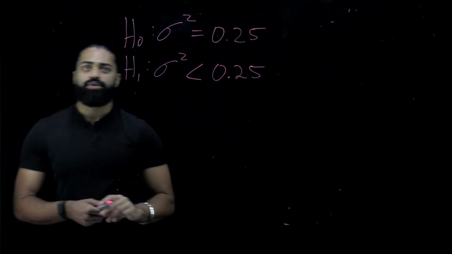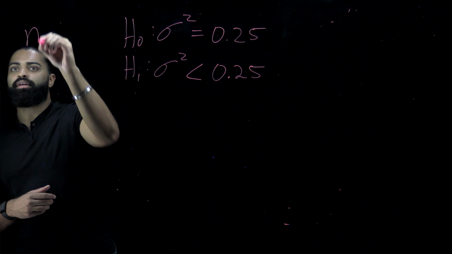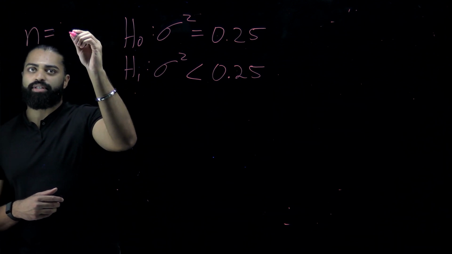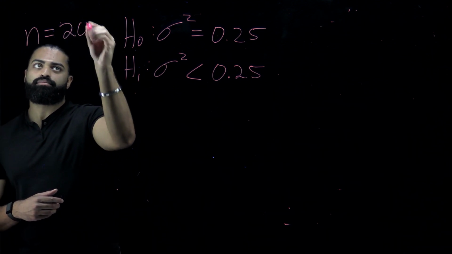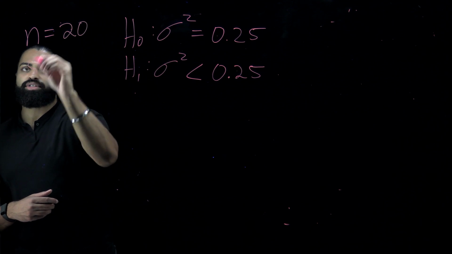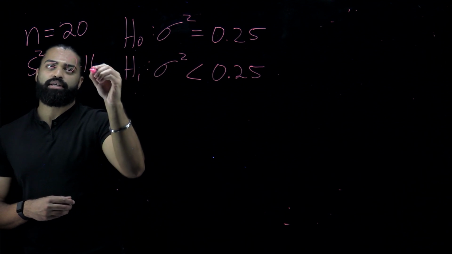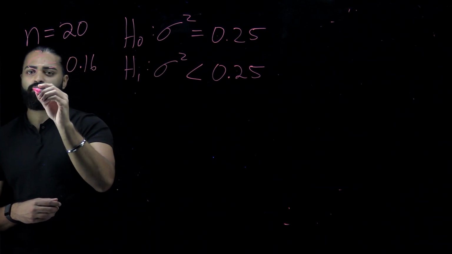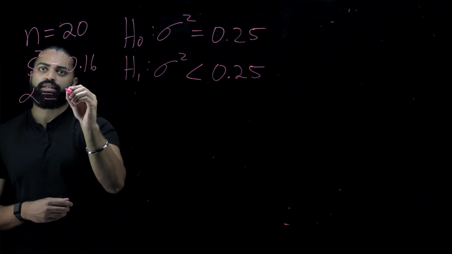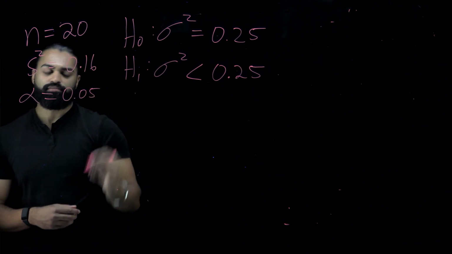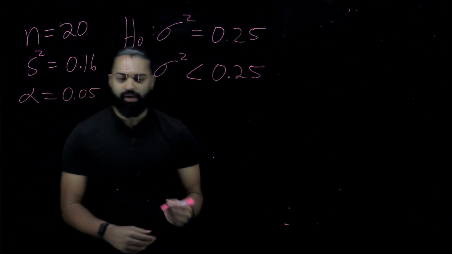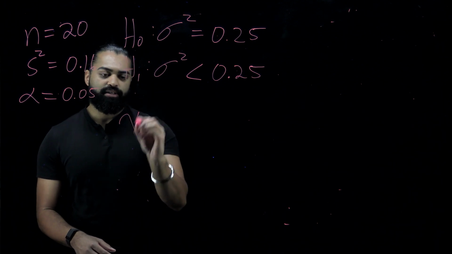Now, I give you some important information here. Our n is going to be 20. Our sample variance is going to be 0.16. And alpha, in this case, is 0.05. Now, in order to do this problem, we need to find the test statistic.